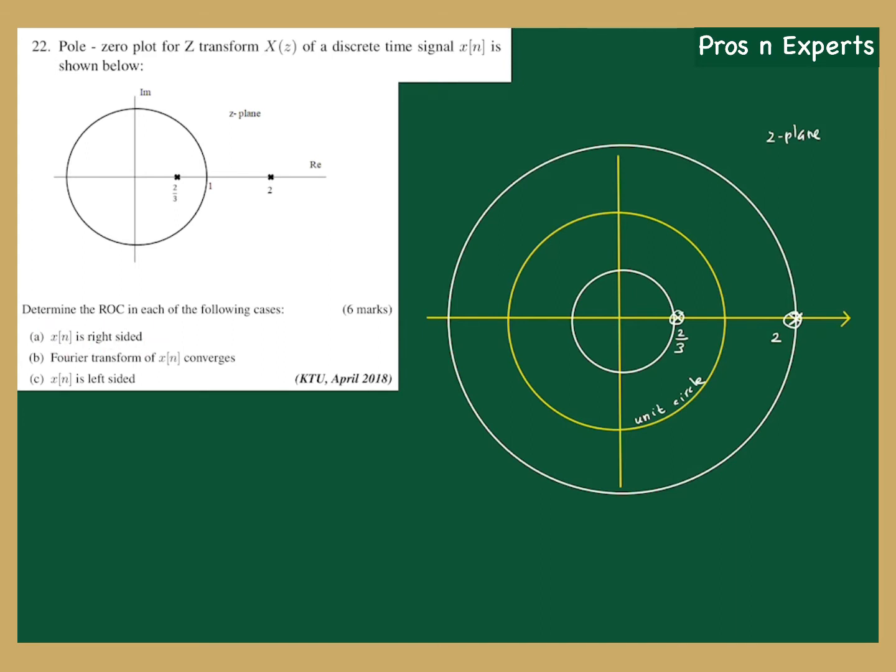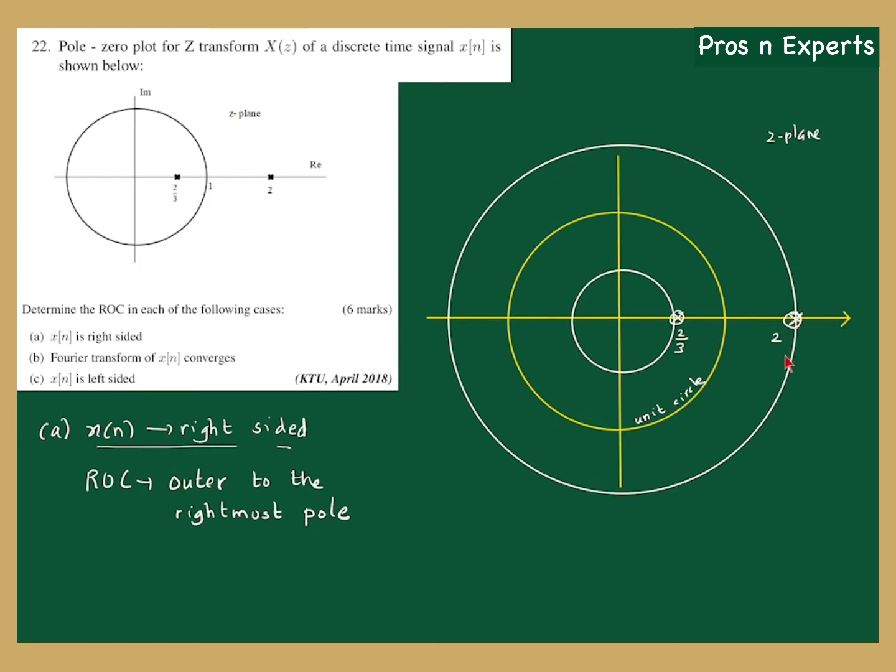This is very simple because x of n is right-sided means, what should be the nature of its ROC? What should be the nature of the ROC of the Z transform of this right-sided signal x of n? The ROC should be outer to the rightmost pole of the Z transform. Which is the rightmost pole? That is nothing but 2.